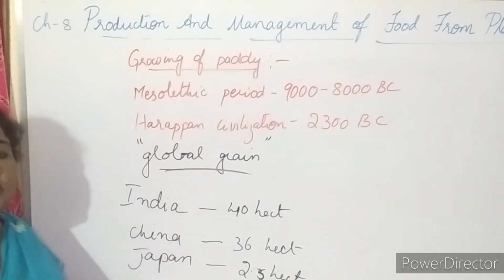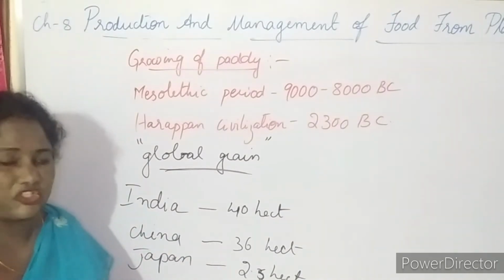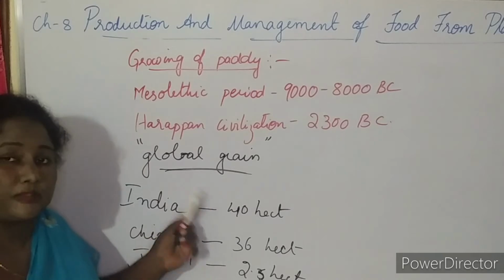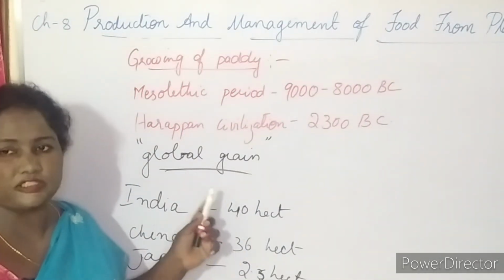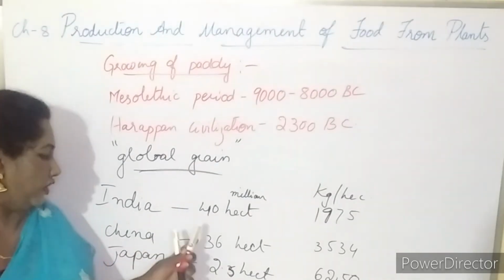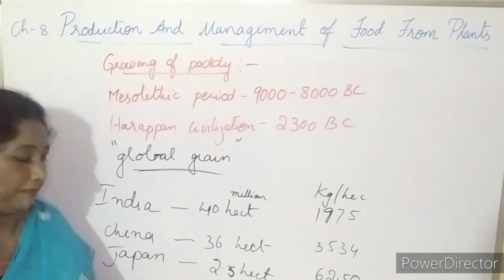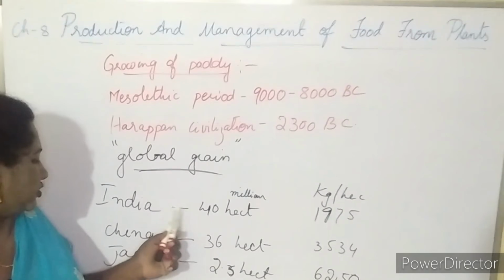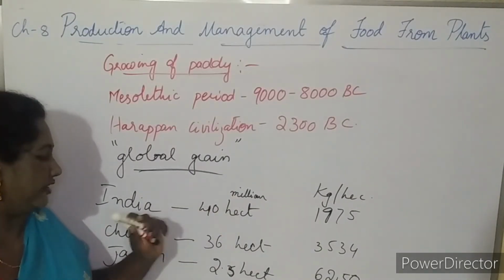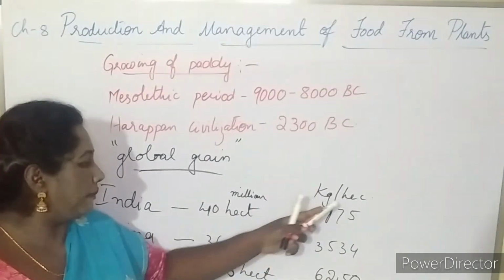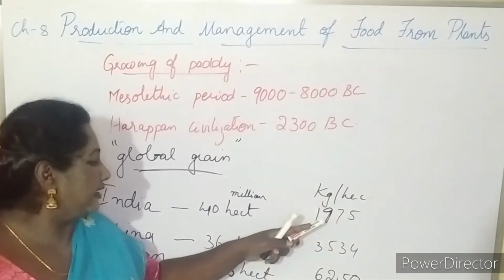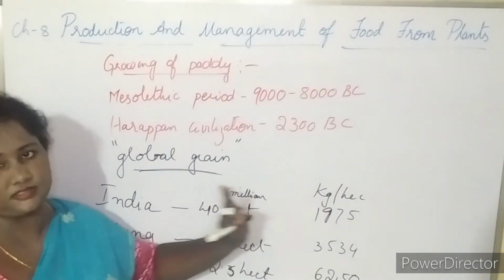But to our surprise, if we see the production, India is getting less production even though the land cultivated is more. If we compare, we will be surprised. With 40 million hectares cultivated in India, the production is 1975 kgs per hectare.